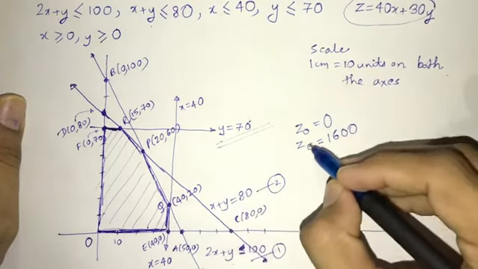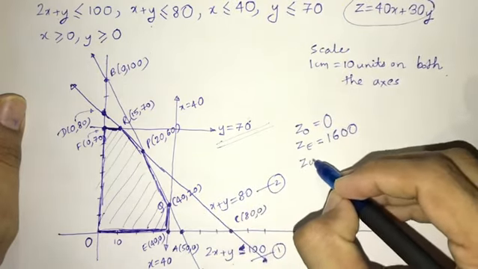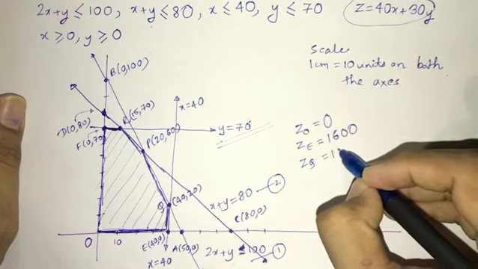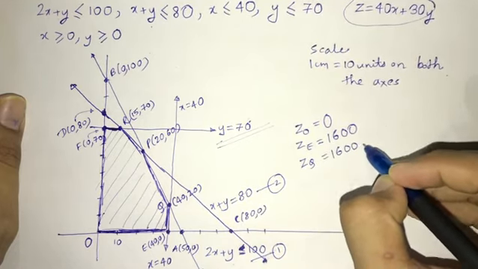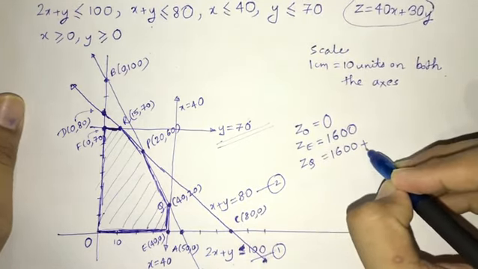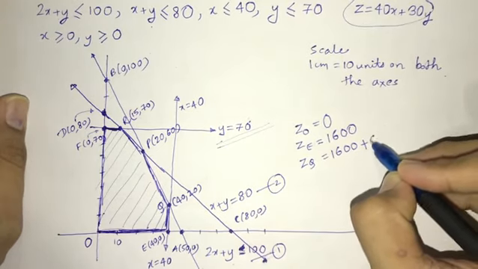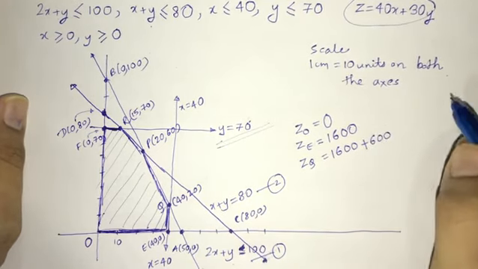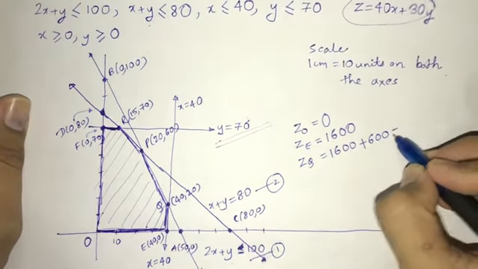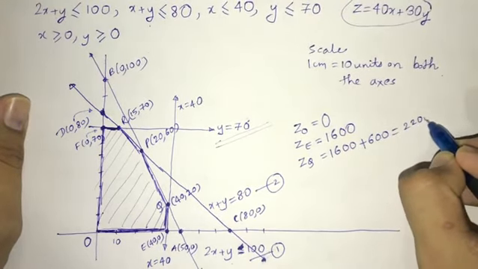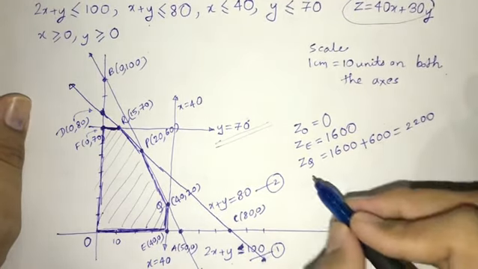For Q, ZQ is going to be 1600 plus 600, which is 2200. We are checking the corner points for the maximum value.